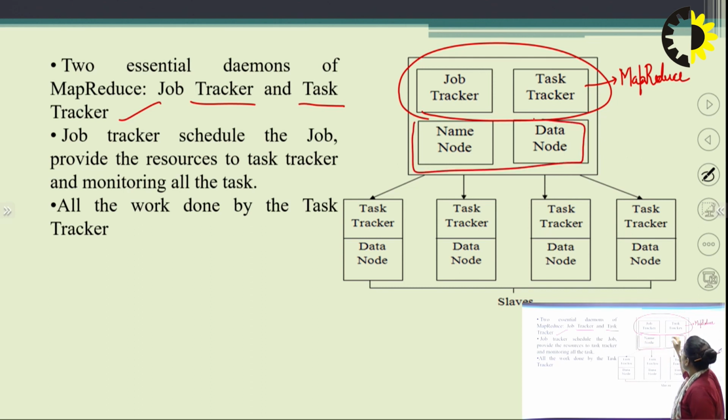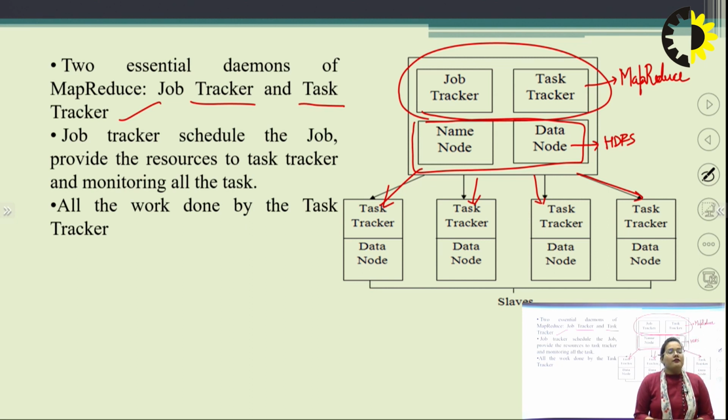And these two work in HDFS. Data will be stored in distributed form. We can see that there are 4 nodes where we store the data. If we want to run any program in a traditional system, firstly it is called by a processing unit, then it will be run. But in MapReduce, the task tracker will work on every single node.